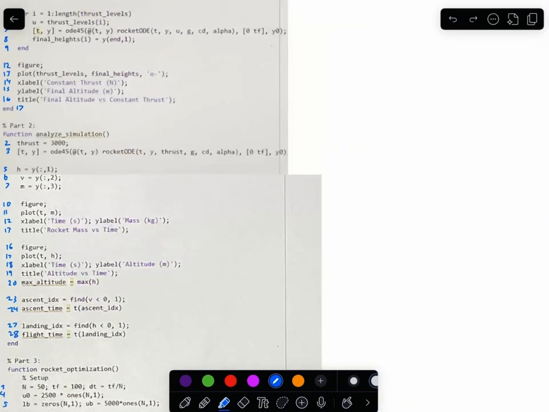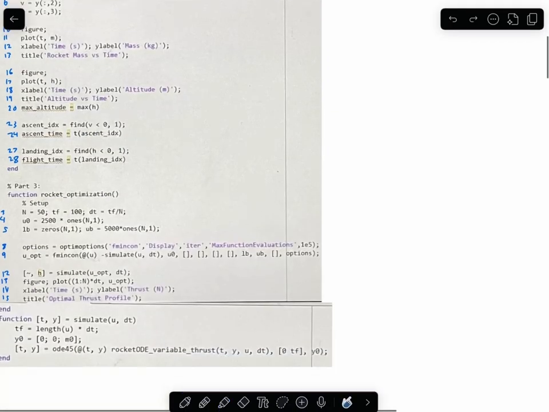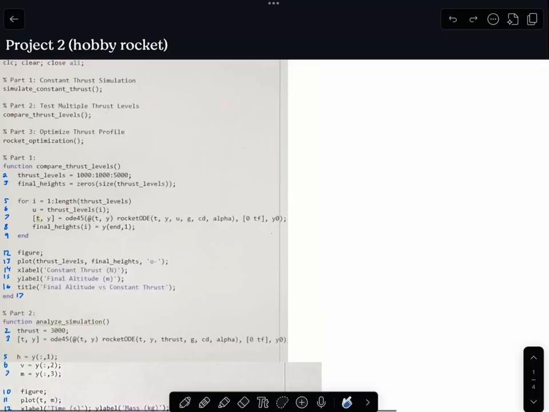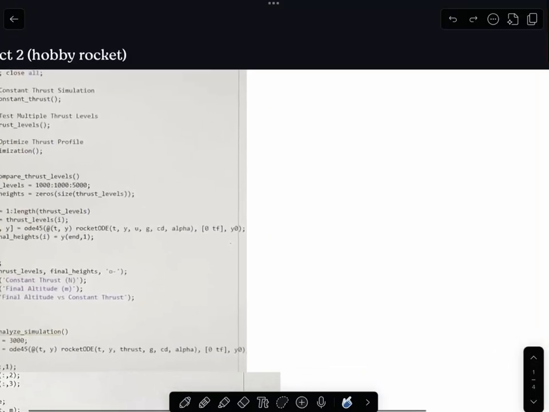Then the design project wanted us to maximize altitude using variable thrust. Part 3 uses a specific function to optimize the thrust profile under the thrust constraints. And then lastly, what the design project wanted us to do is it wanted us to present the optimal thrust profile, and we plotted that in part 3. So yeah, that is the long and short of this design project.